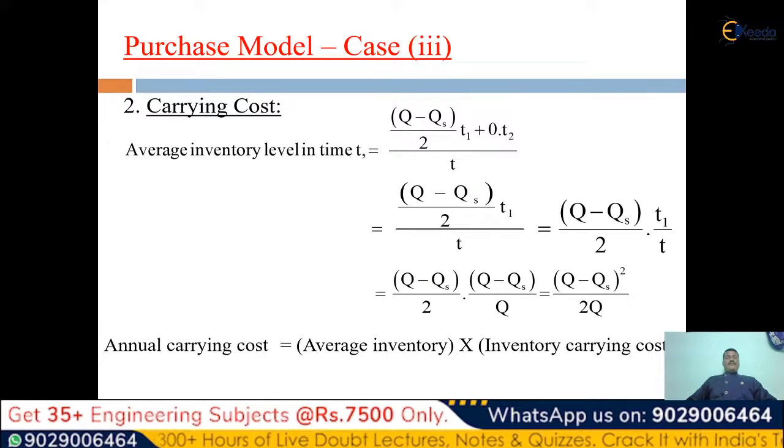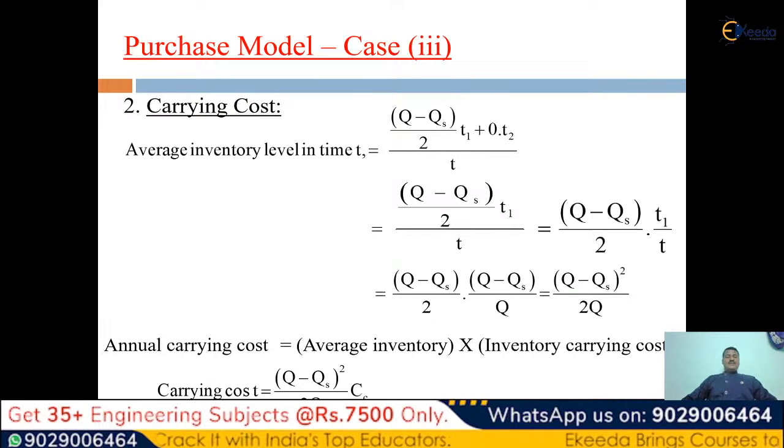And the annual carrying cost is equal to this average inventory, which we have found, into the inventory carrying cost, which is Q minus QS whole square by 2Q into CC.